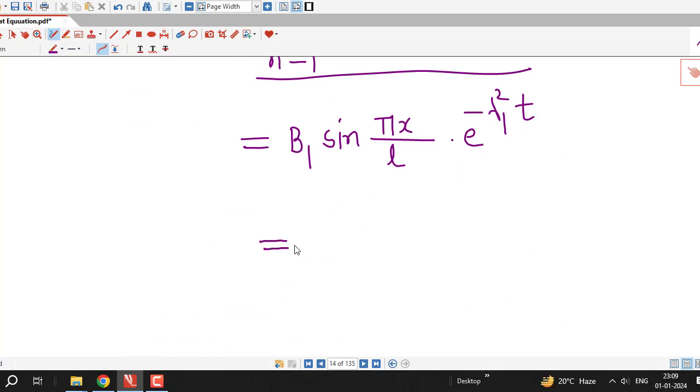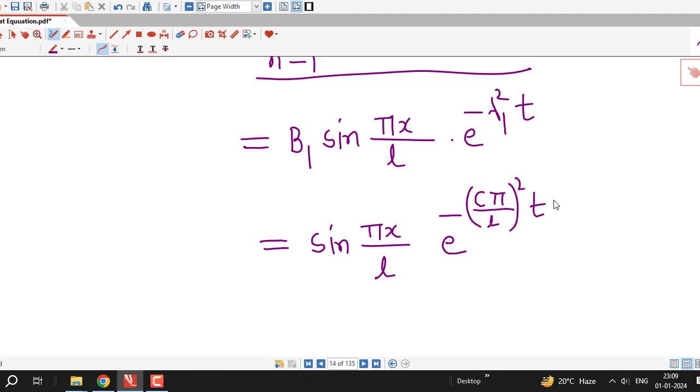So this is 1 into sine pi x divided by L e raised to minus (c pi over L) whole square times t.